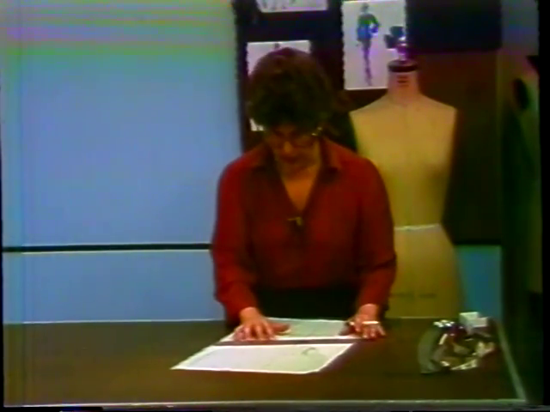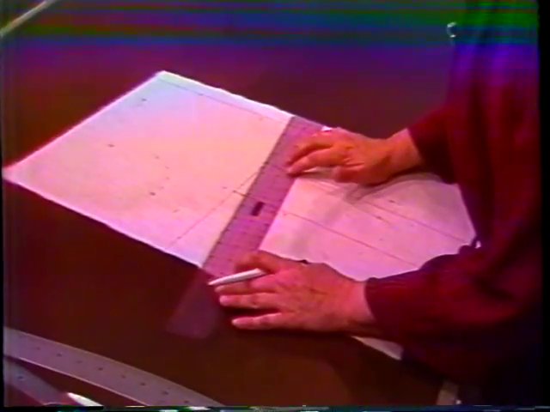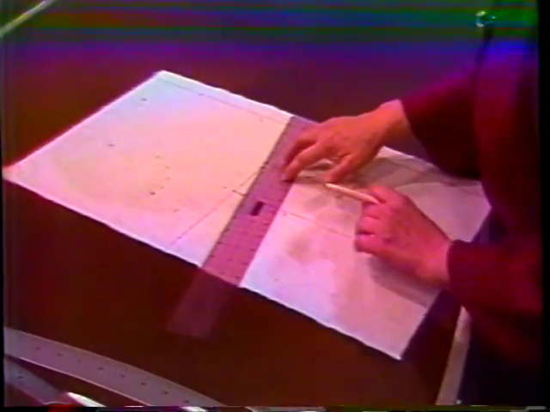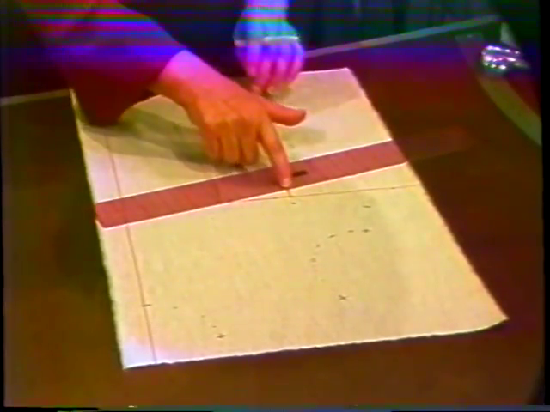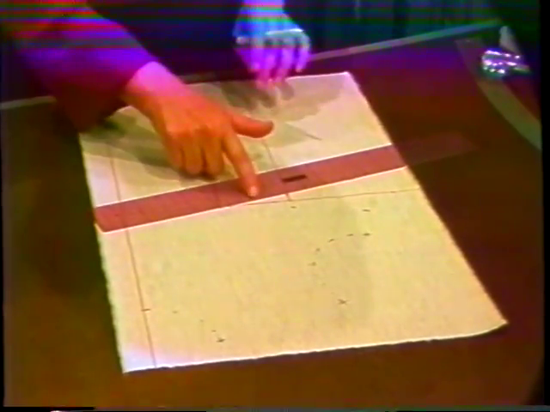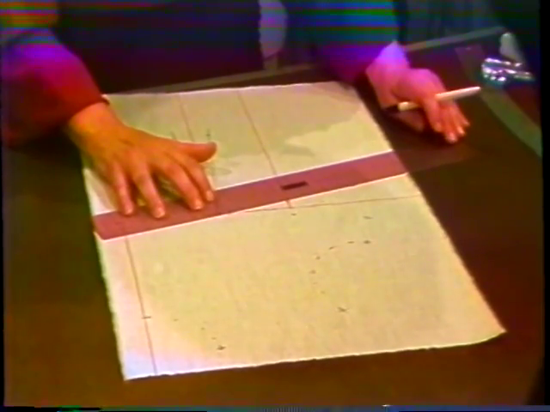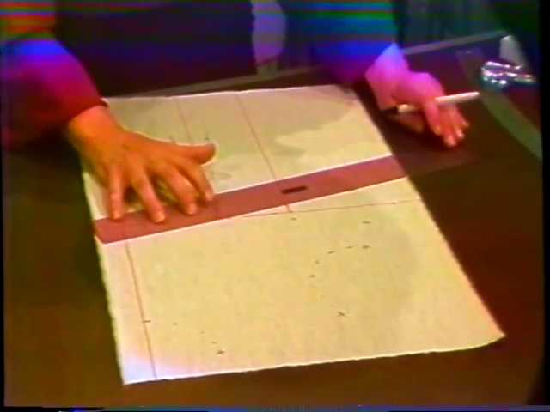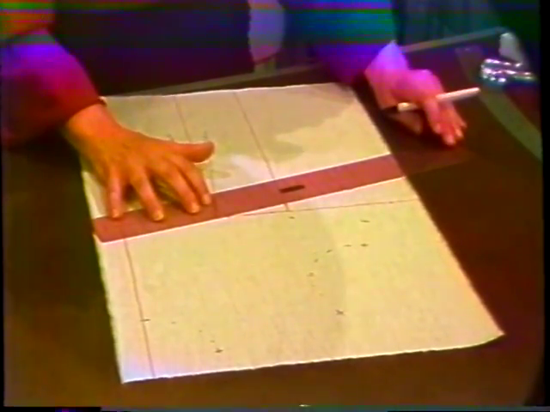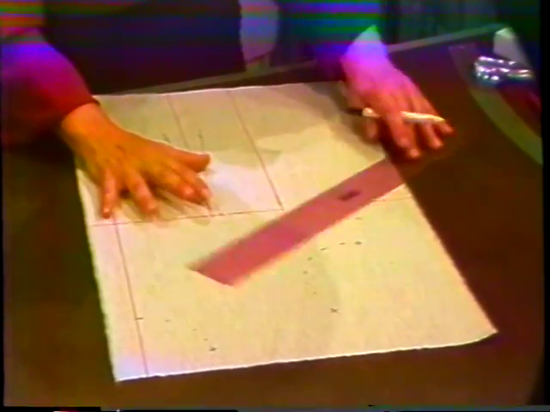At another time, you might find that when you line up your ruler to connect with the 3 points, the middle cross mark does not flow with the ruler. That would suggest that the dart is not a straight dart, that it will have to be curved.